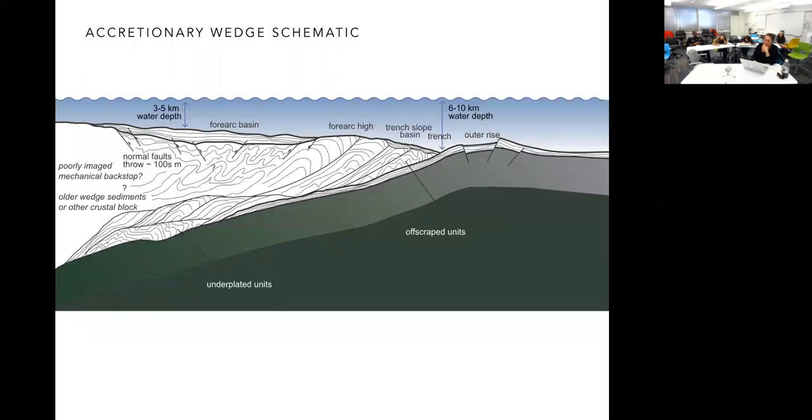Underneath the forearc basin, we have some back part of the wedge. It could be formed of old accreted sediments, previously accreted sediments. It could be formed of whatever the leading edge of the overriding plate was before the subduction developed.